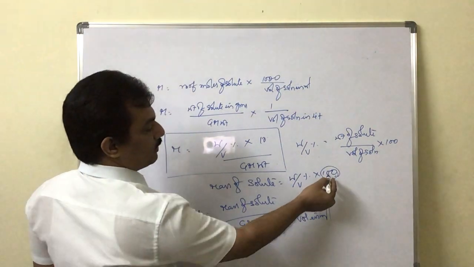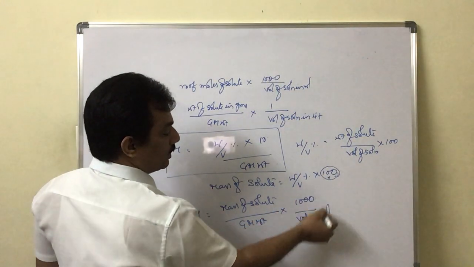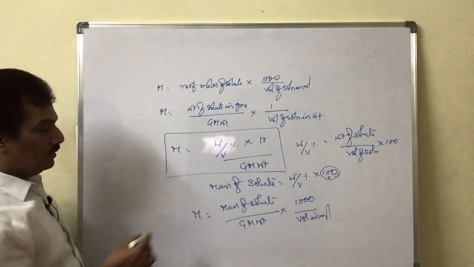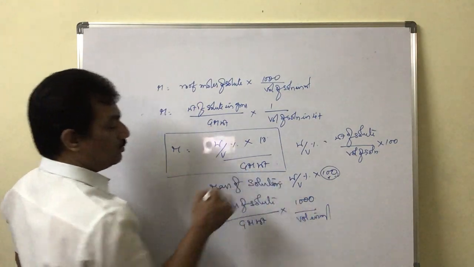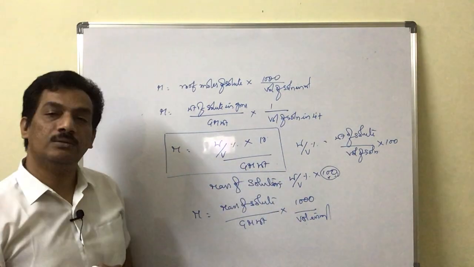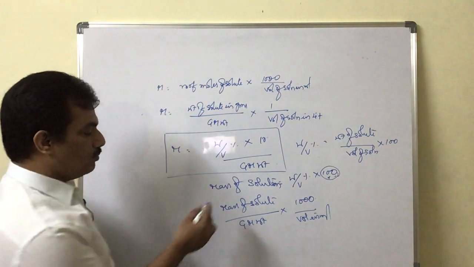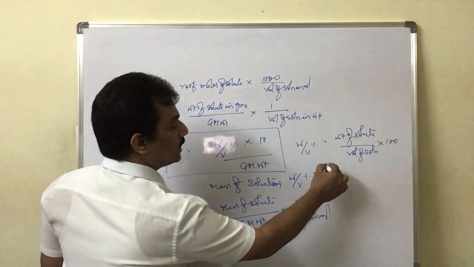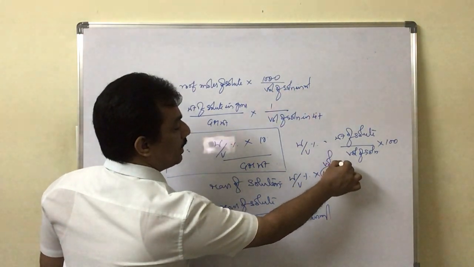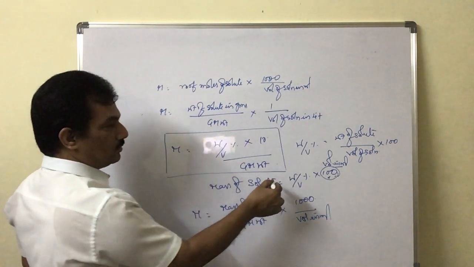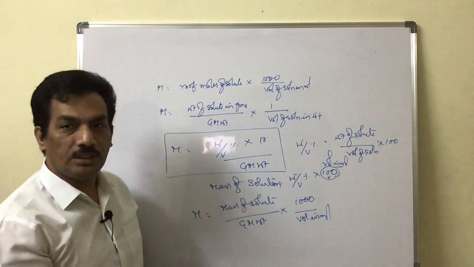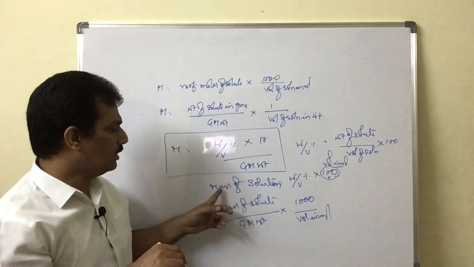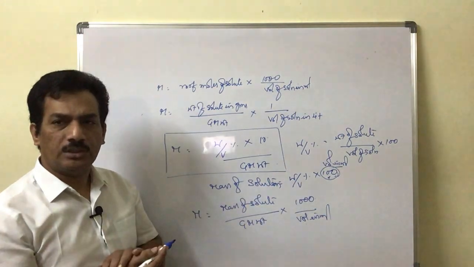That means we can say that 100 is nothing but the volume of that solution in ml. Here it is mass of solution, not solute. Mass of solution is weight volume percent into 100. Is it not? So mass of solute by gram molecular weight, and this is nothing but the volume in ml, because the weight of solute is present in 100 ml of solution. So the total 100 ml of solution has the mass as weight volume percent into 100.